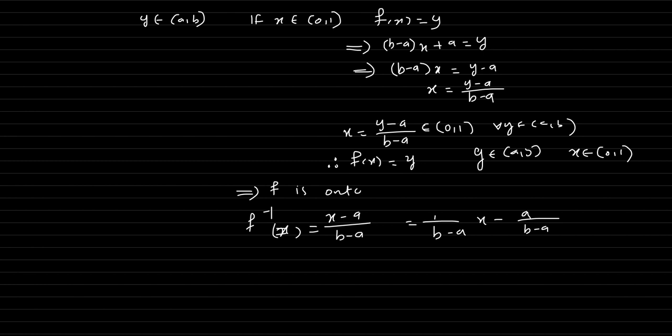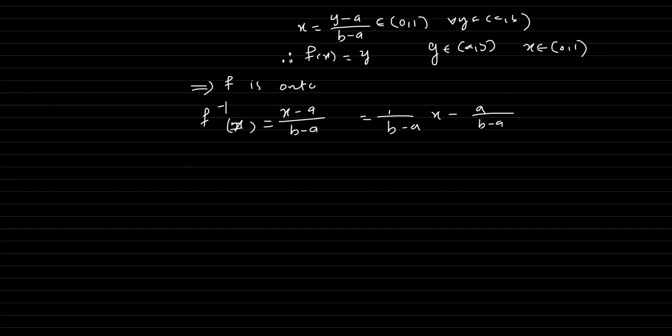continuous here. Hence, the function that we defined from the open interval (0, 1) to the open interval (a, b) is one-one, onto, f is continuous and f inverse is continuous.